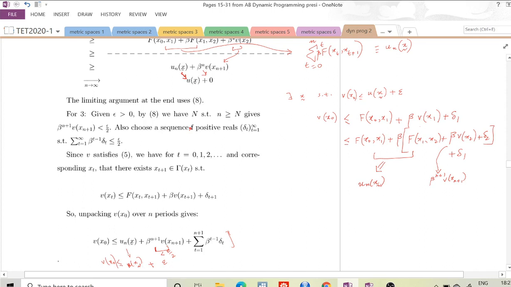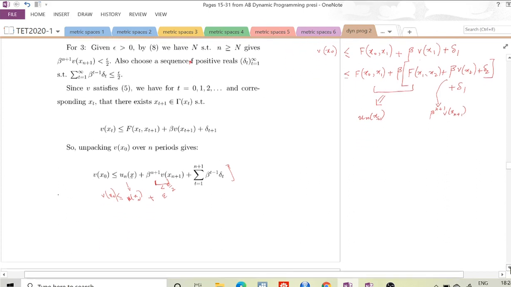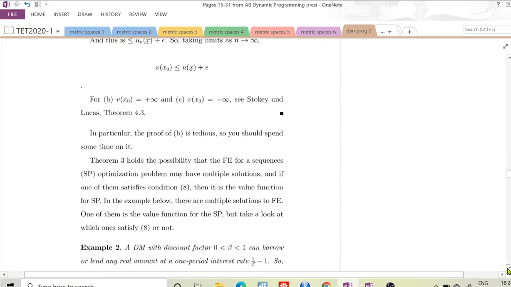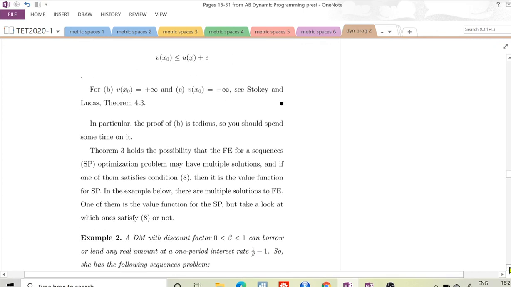So we found an x tilde such that u of x tilde is so close to v of x naught that when we add this small epsilon to it, this side becomes greater than or equal to v of x naught. So v of x naught is an adherent point of the u of x tildes, right? And you can take a look at the plus infinity, minus infinity cases.